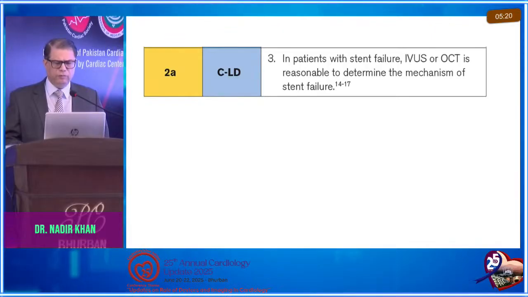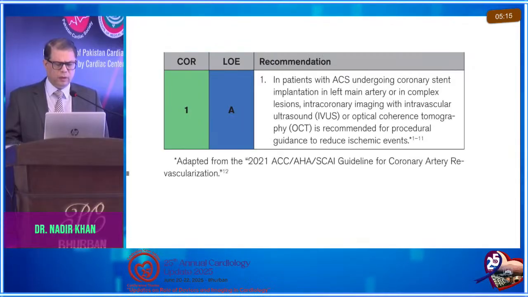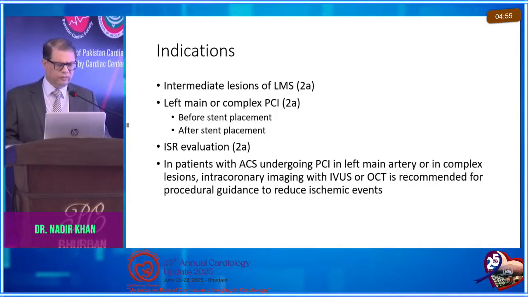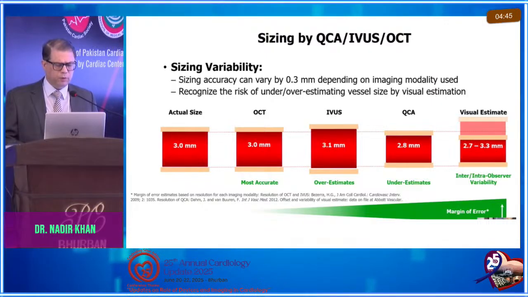In patients who have a stent failure, imaging is a 2A indication. In patients with ACS undergoing complex stenting procedures like left main or multivessel, intracoronary imaging or OCT is recommended as a class 1 indication. This is from the 2021 ACC guidelines. So this is the summary of the indications, with class 1 being an ACS scenario with left main or complex PCI.